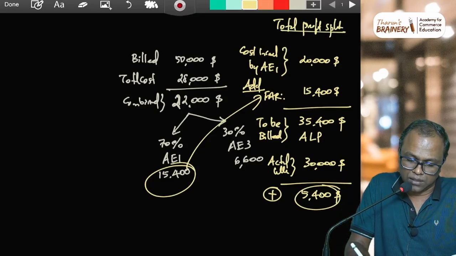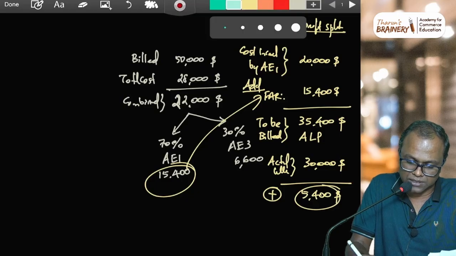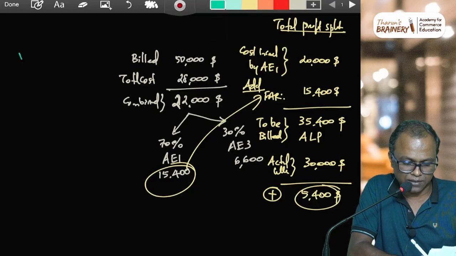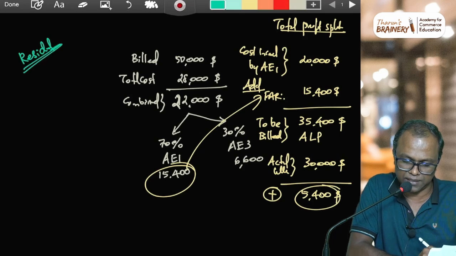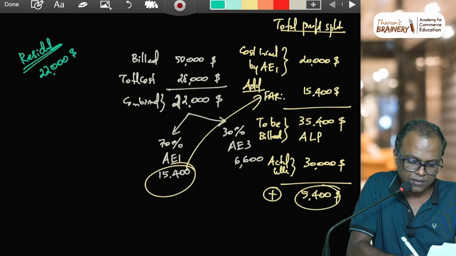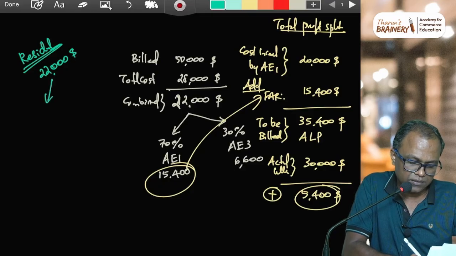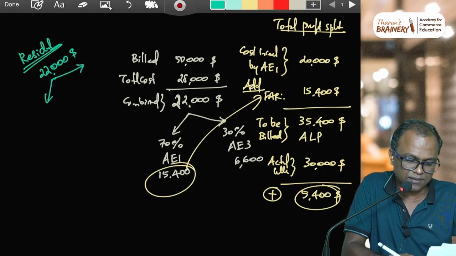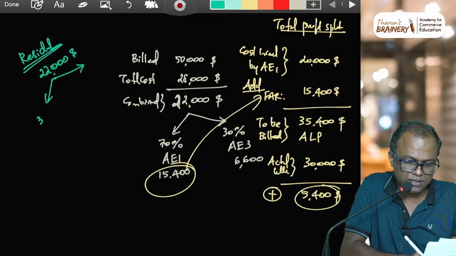Now we can go to the residual profit split method. Okay, in case of residual profit split method, first we should identify the combined net profit, same 22,000, which we arrived. Then it should be divided, not fully, up to the basic return. They should apportion the profit. Basic return for AE1 Limited is $3,000, that is 15% of their cost, and for other entity $800.